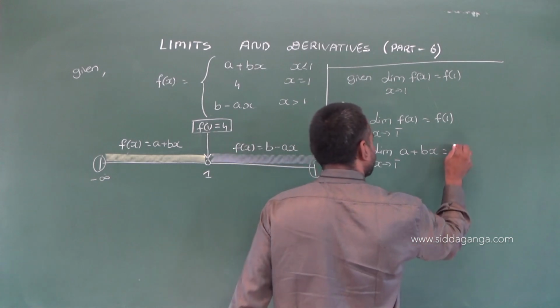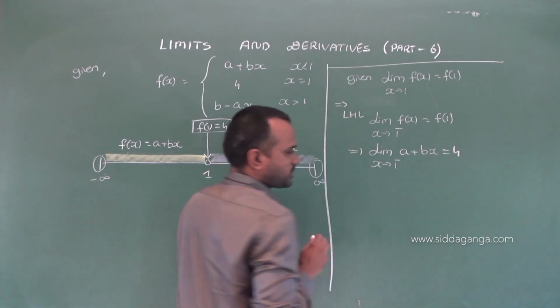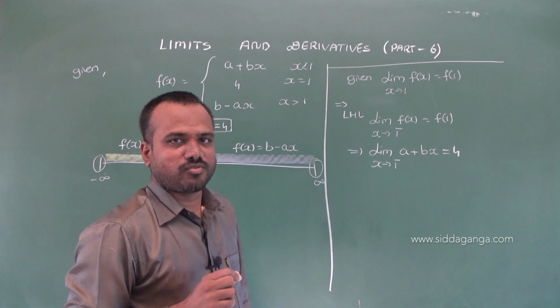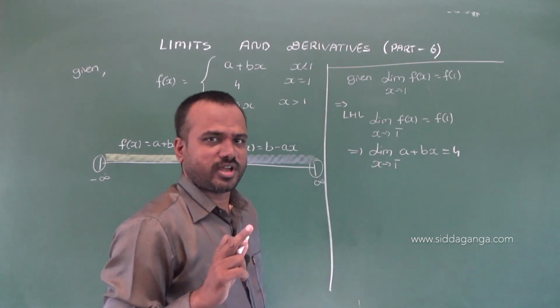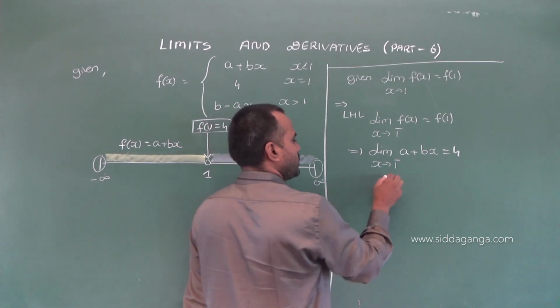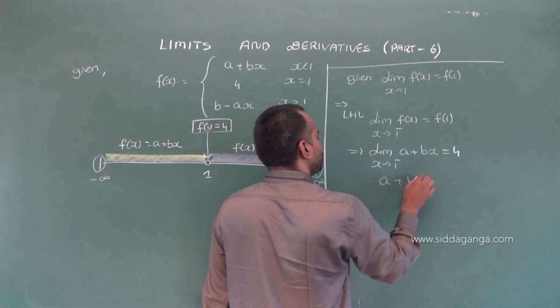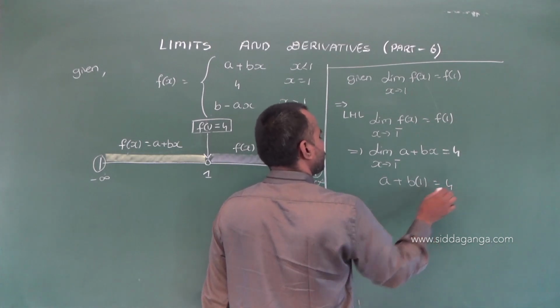F of 1 is what? 4. Wherever x is, substitute 1. So a plus b into 1 is equal to 4.